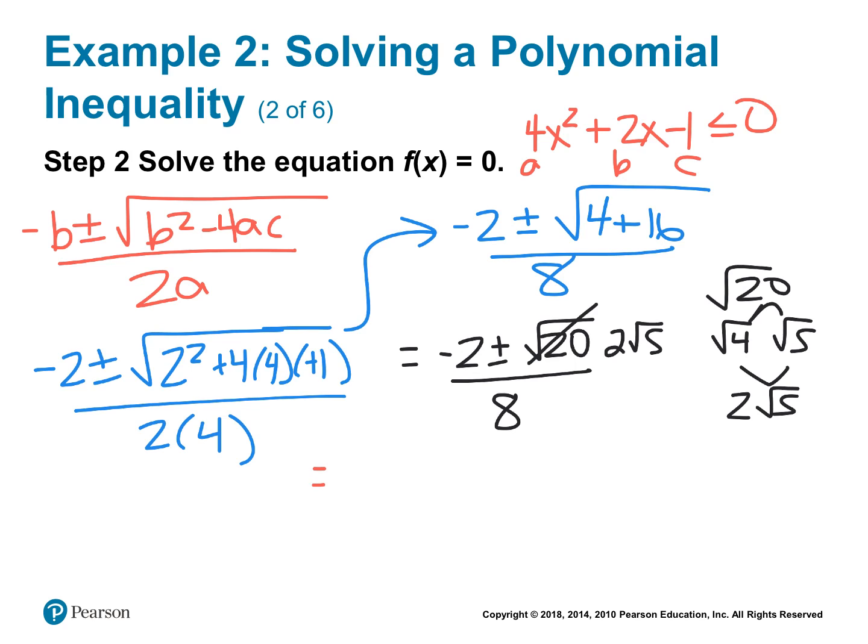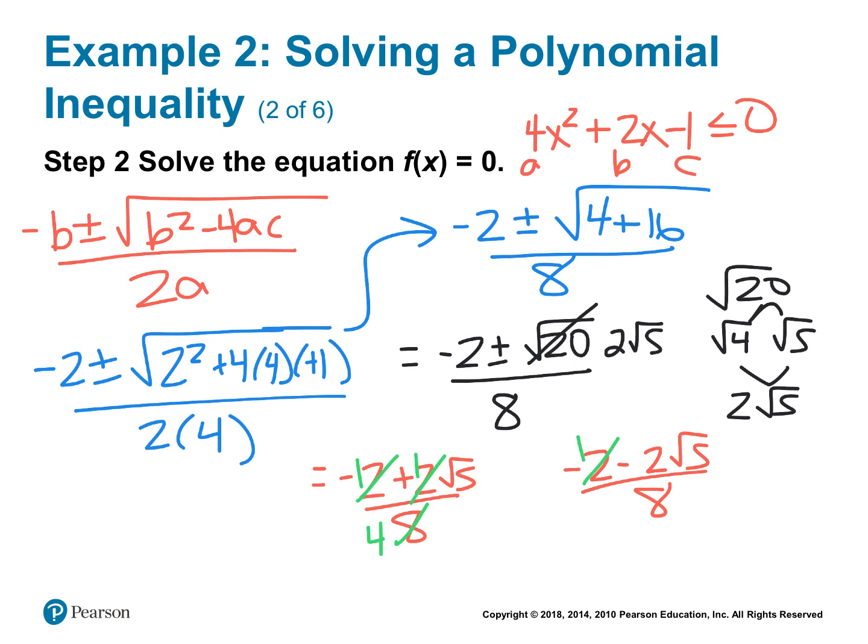So what I have now is negative 2 plus 2 times the square root of 5 over 8, and negative 2 minus 2 times the square root of 5 over 8. Now we could simplify this to a 4, a negative 1, and a 1. Same over here. Negative 1, 1, 4.